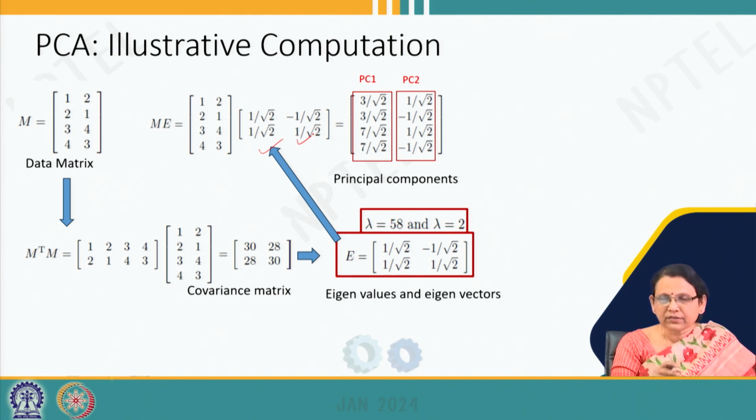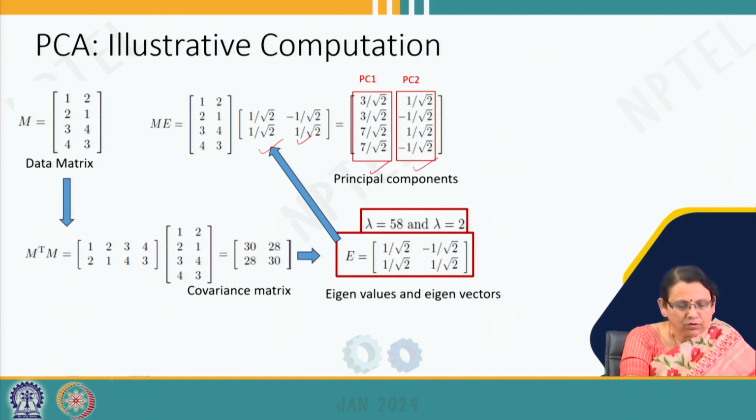That is why we discussed a little bit in the beginning how to get these eigenvectors and eigenvalues. Following the same procedure that we discussed, you can find the eigenvectors, and once you find the eigenvectors, you get principal component 1 and principal component 2.